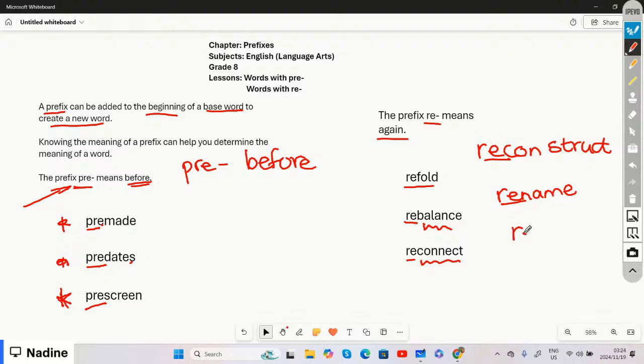Then we have the word rejoin. That's where we're joining again. Retell. If somebody told me something, now I am retelling the story. I'm telling the story again. Or if a story was very juicy and now you are retelling the story.